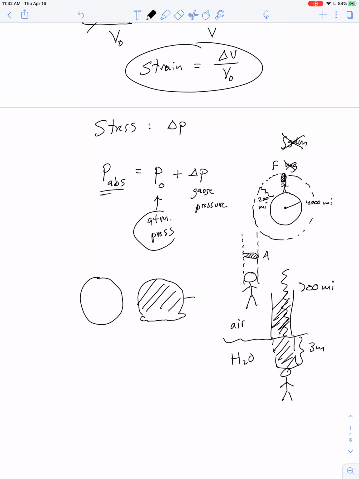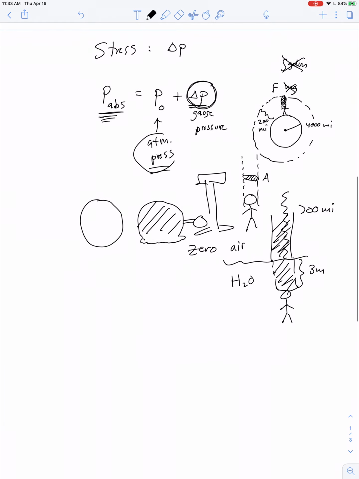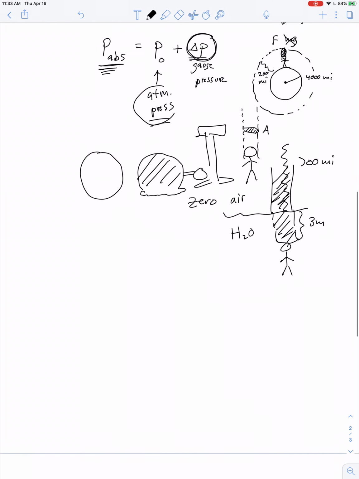But I'm sure if we hooked up a bike pump to this that had a pressure gauge built into it, I don't think that's going to read the atmospheric pressure. I think it's going to read 0 in the case where it's going flat. So all of our gauges have been recalibrated, not to measure the absolute pressure on something, but to measure just the gauge pressure. In any case, pressure is a form of stress.